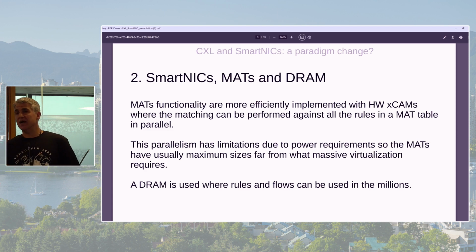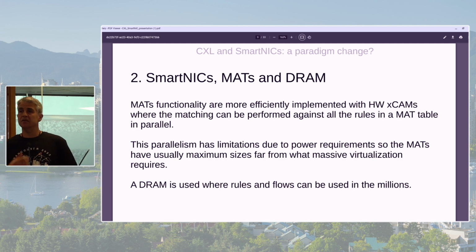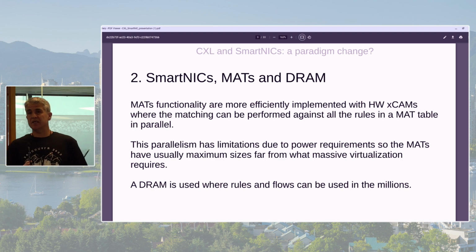And in one cycle, you can have the answer, the actions to apply to that packet, instead of going sequentially or using hashes. The problem with this hardware implementation is they are really demanding, consume a lot of energy, they are expensive, and at the end, the size of these maps, they have a limit.